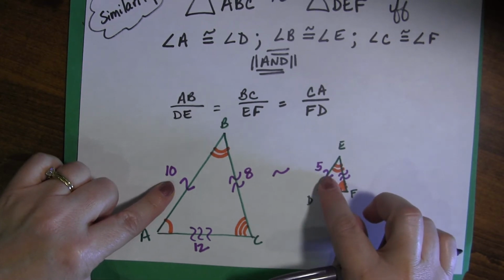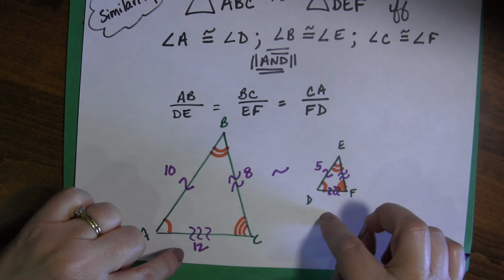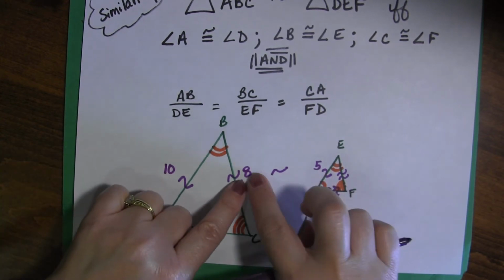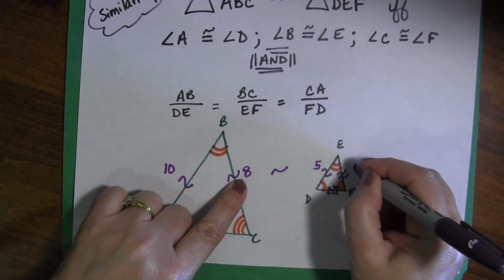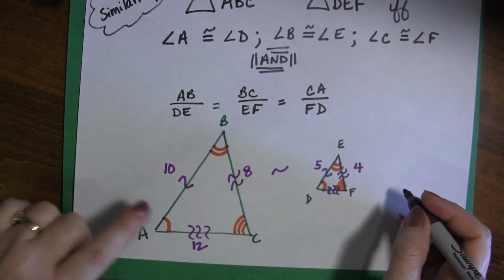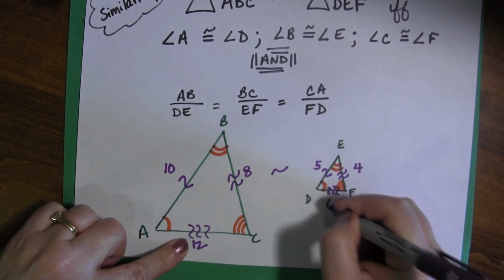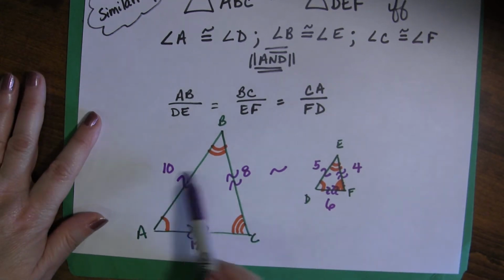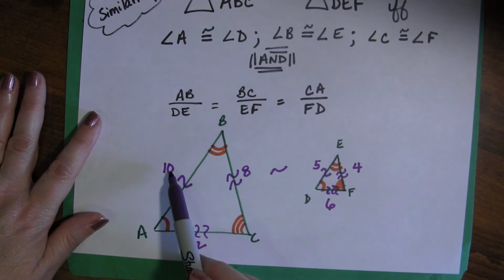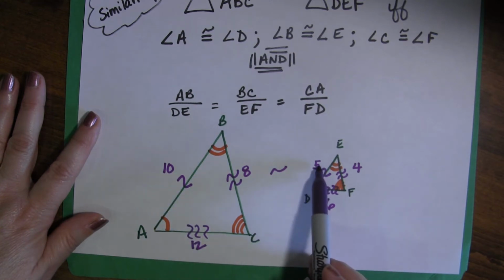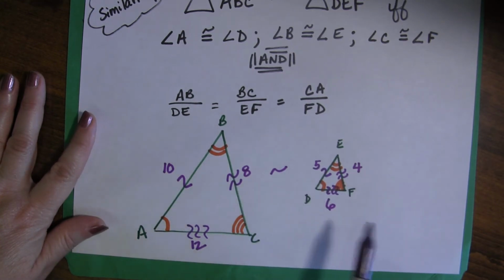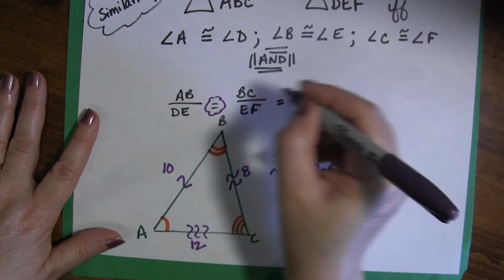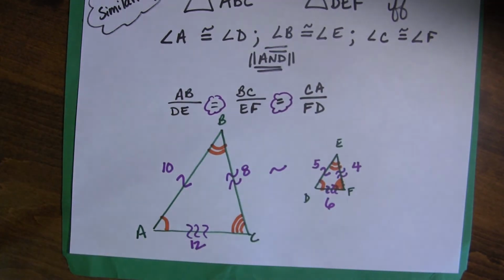Well, in similar triangles, all of the sides are going to be in that same relationship. So we would take 8 and cut it in half to get 4 over here. And we would take 12 and cut it in half to get 6 over there. So whatever that relationship is between 10 and 5, that has to be true for the other two sides as well. All of these proportions have to be equal to each other.